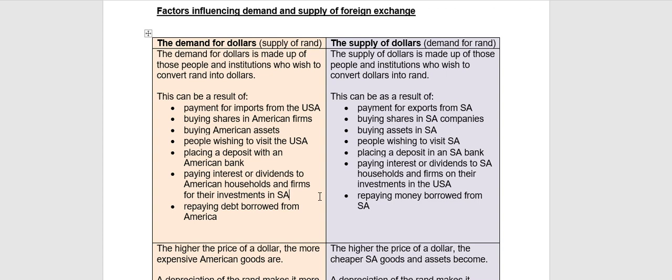Or if American people own shares in a South African company and the company is making a profit and declares a dividend, the Americans will have to receive their dividends in dollars. And then the last one is if we want to repay debts borrowed from America. If in the past we had a loan given to us by an American bank, every month we have to pay the installment on that loan, and when we pay this back to America, that payment has to be made in dollars.